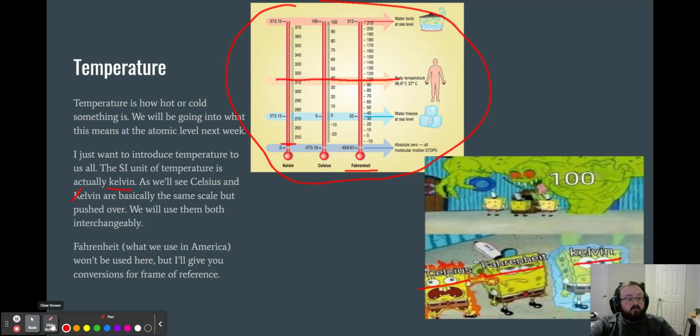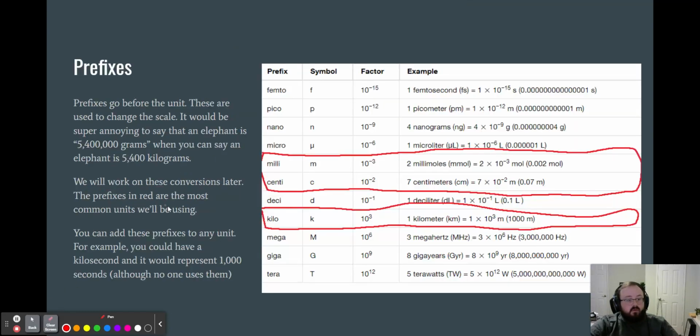All right. So next is prefixes. Prefixes are how we change the scale of our units. So if I said that an elephant is 5,400,000 grams, that takes a lot more effort than saying an elephant is 5,400 kilograms. And we can see here that the scale, they're all multiples of 10.